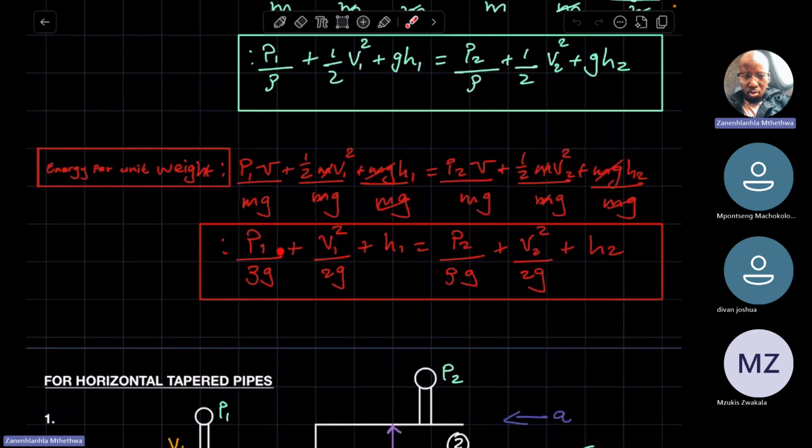That way, each of these terms will be in terms of meters. So if you've been asked to calculate the total head loss, essentially they're asking you to calculate the total losses in the system from the perspective of the energy per unit weight.